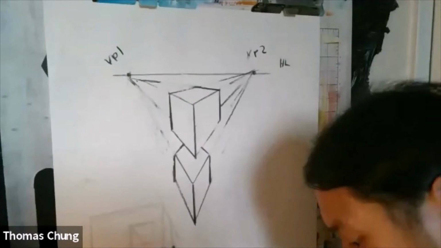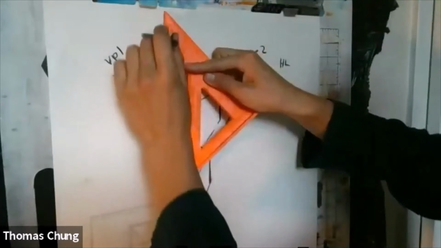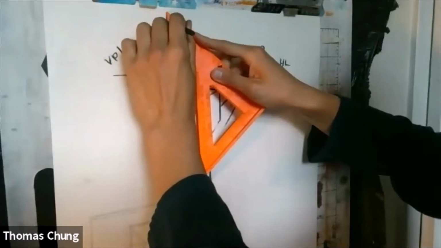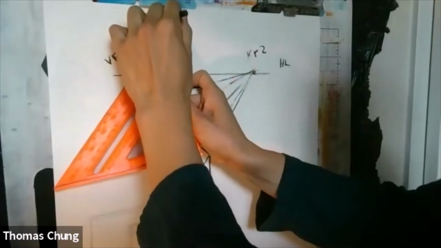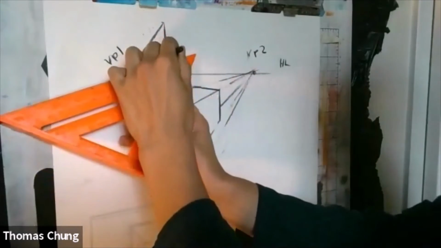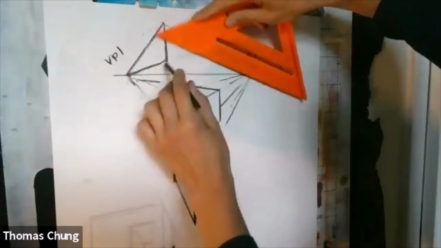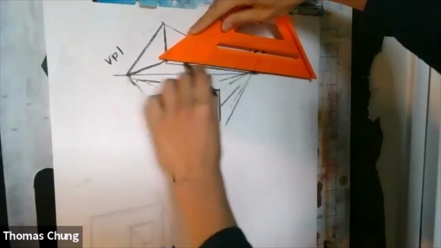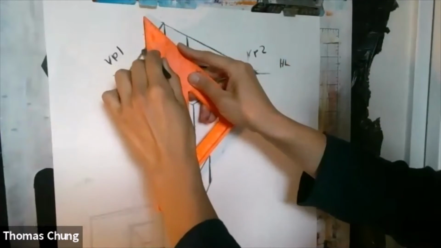All right, and let's do one more. Let's make it pretty dramatically to the left. So we've got our top and bottom of the edge. All lines are either perfectly vertical or headed towards the vanishing points. I'm going to end my box here, perfect vertical, and here.